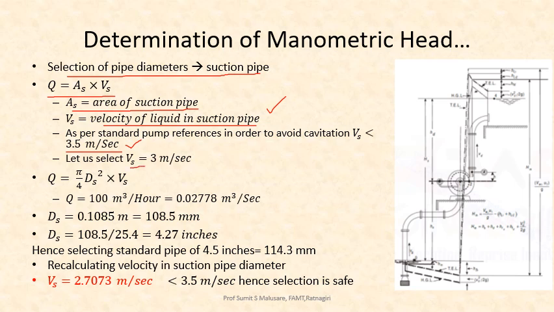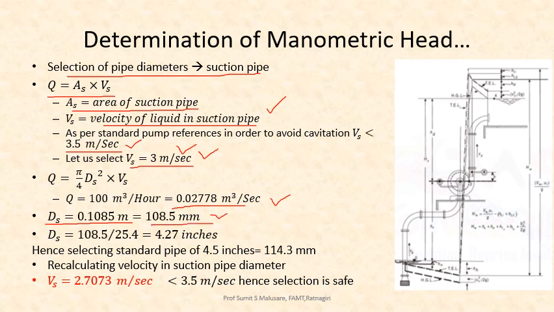For the safe side, I have assumed Vs equal to 3 meters per second. With Q equal to 0.02778 meter cube per second and V equal to 3 meters per second, we get the diameter ds as 0.1085 meters, that is nothing but 108.5 mm.